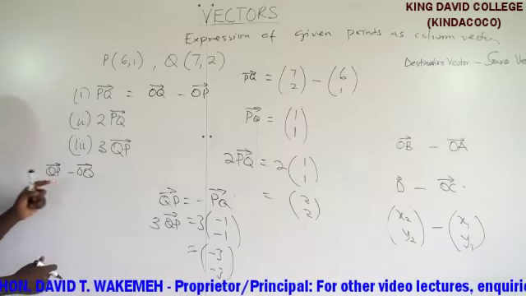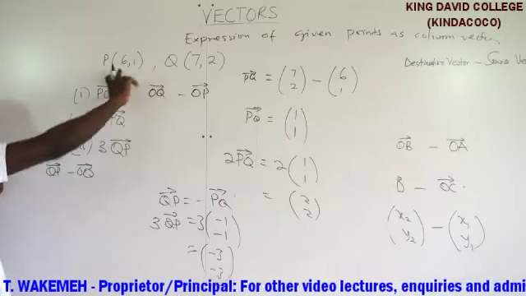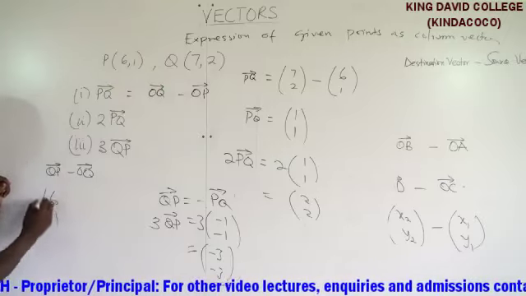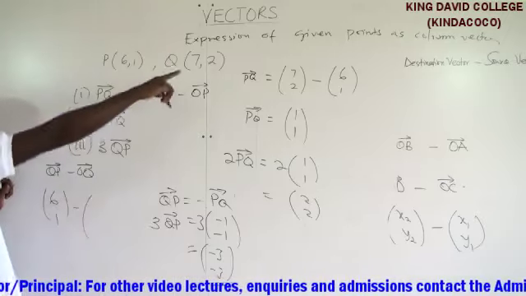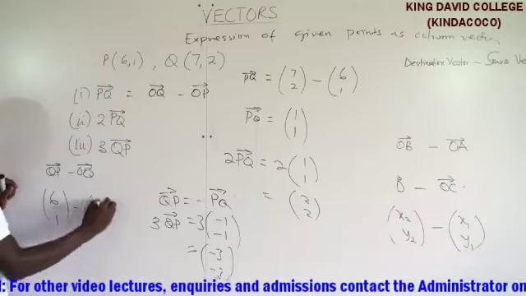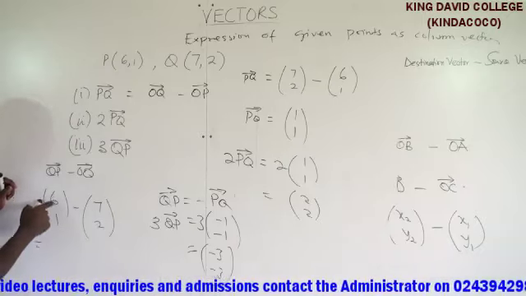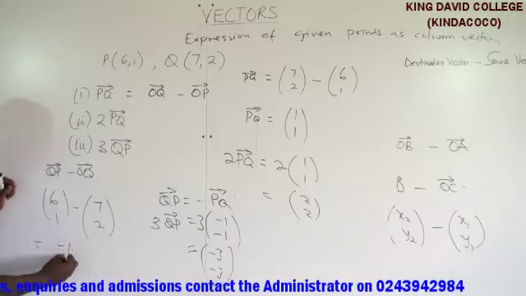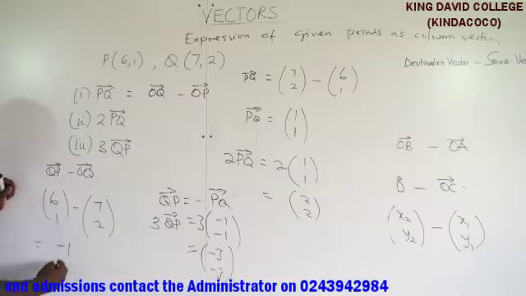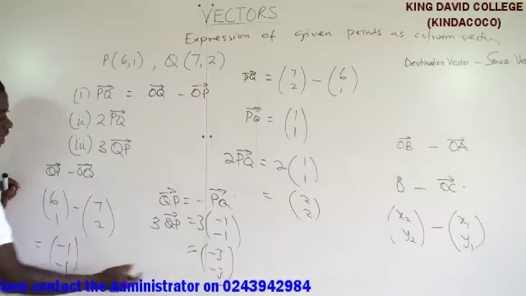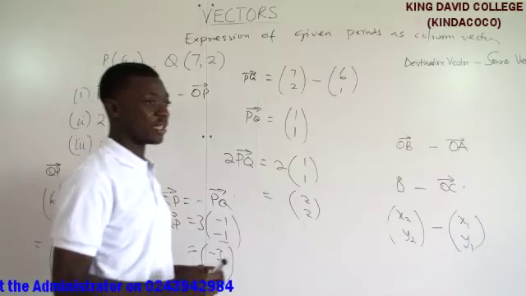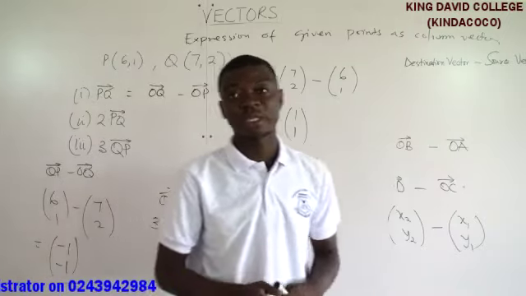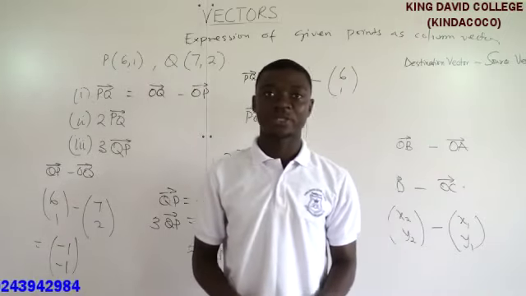Okay, vector OP minus OQ. So OP is (6, 1) minus the OQ, what is it? (7, 2). So this one here is going to be 6 minus 7, -1, and 1 minus 2, -1. So eventually you are ending up here. Then you multiply it by what? 3. And then you have those concepts.